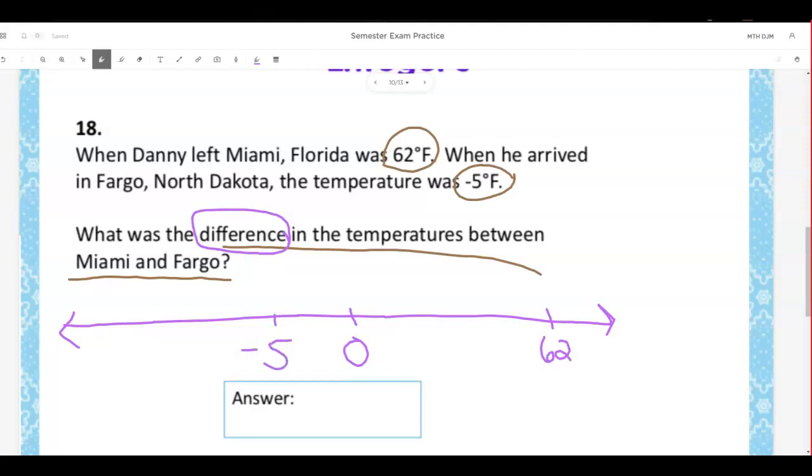Now, I'm going to think about this distance change in temperature from positive 62 to -5 by using 0 as a place to stop. So from 62 to 0, that's 62 degrees right there. And then another 5 degrees. Well, this jump is 62. This jump is 5. So what was my distance to go from 62 to negative 5?